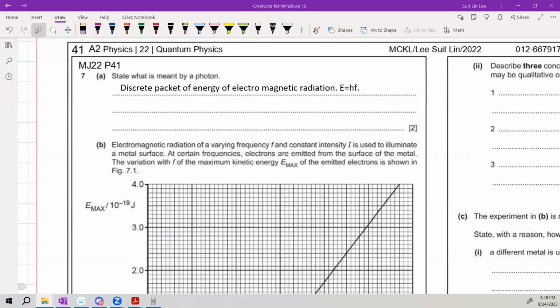It just depends on f. So the 2 marks here, 1 mark would be for the fact that you know it's a discrete packet of energy. This one can also be called quantum. And then you mentioned that this is electromagnetic radiation. One word.